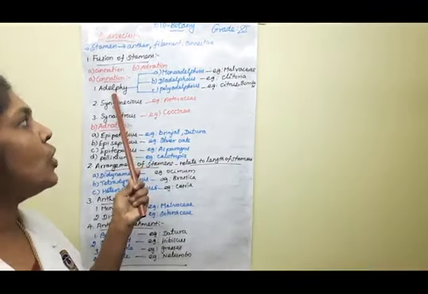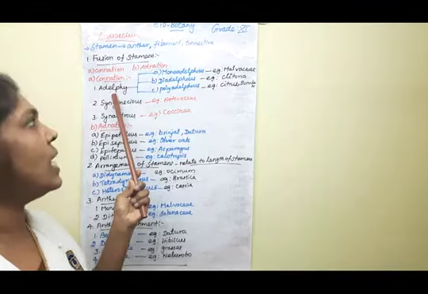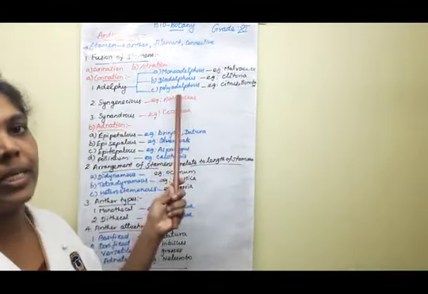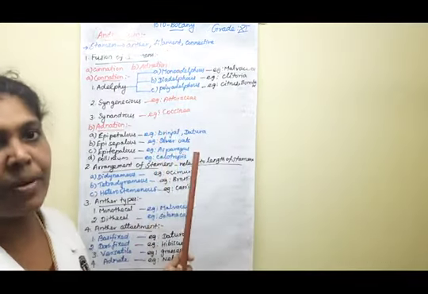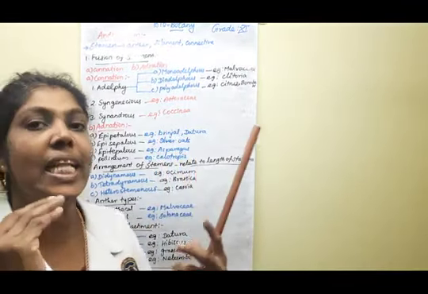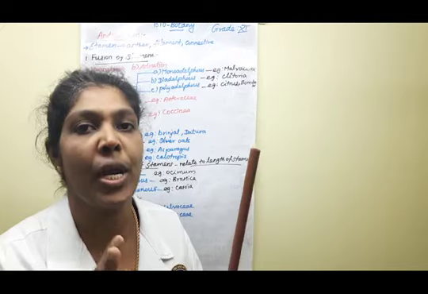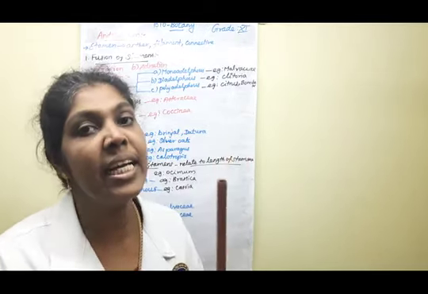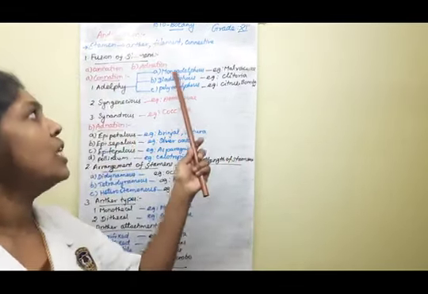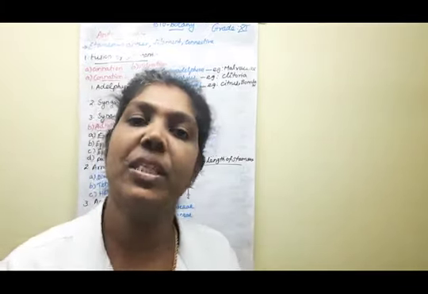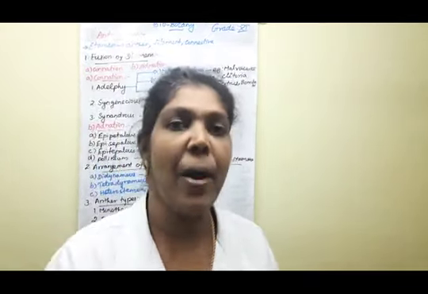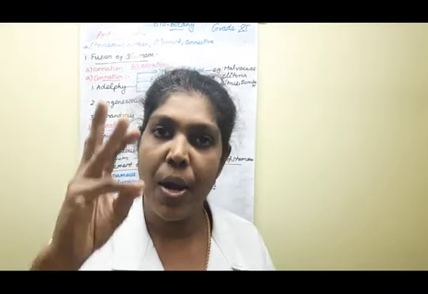So the first one, Adelphous. Adelphous comes under types. Here there is a fusion, a joining of filaments together. Based on that they are divided into types: monadelphous, diadelphous and polyadelphous. Clear, children?